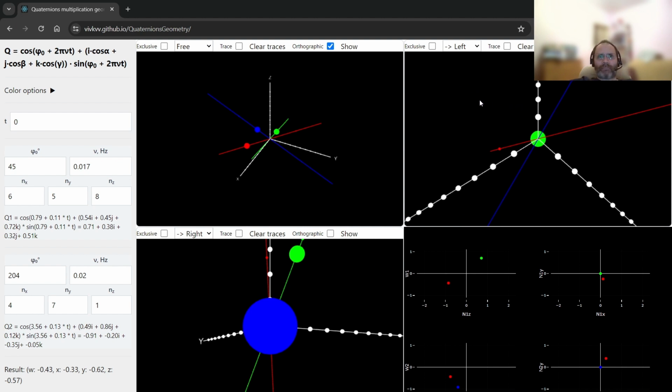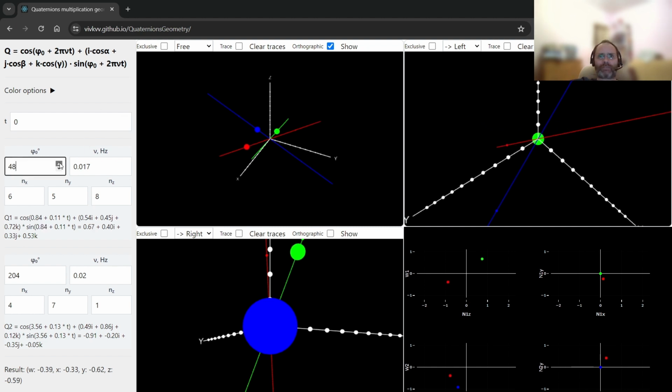They display the same picture, but in different coordinate systems. In the right top window, a coordinate system is chosen in which the first quaternion, the green one, is oriented to look directly at the viewer.